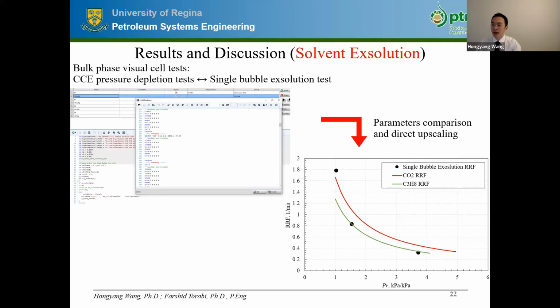And by upscaling, we have found that the optimized reaction kinetic rate of bubble exsolution was similar to the exsolution kinetic factor that has been achieved through single bubble exsolution tests.